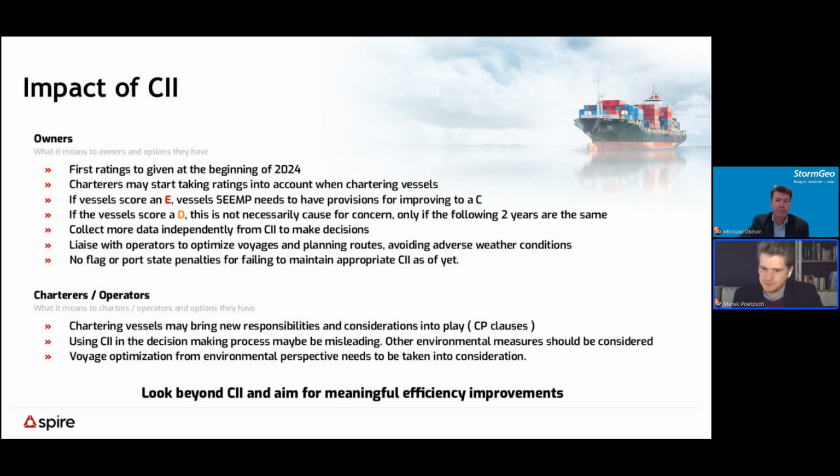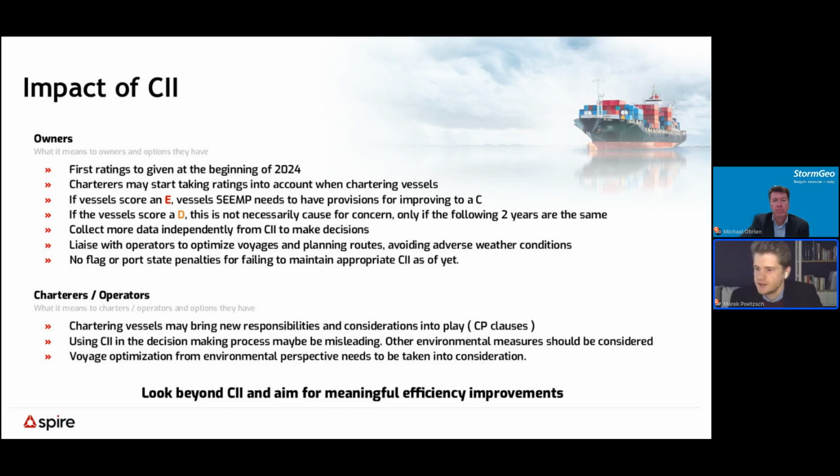For charterers, the whole CII topic is maybe not very new, but something they didn't have to deal with before, as most of the compliance and regulations were the responsibility of the owners. Now with CII, they might have more responsibilities put on them if a vessel is chartered.